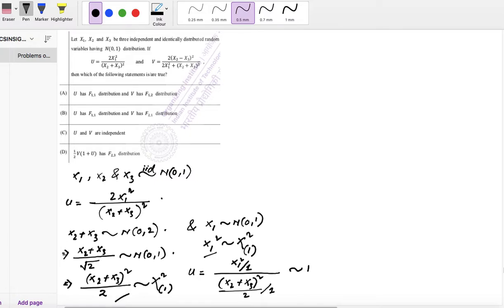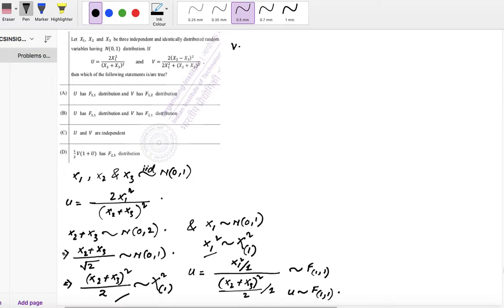This would follow F(1, 1). This means U is following F(1, 1).